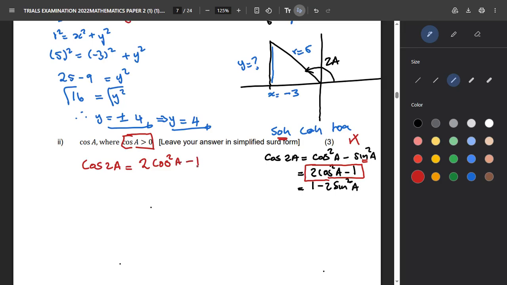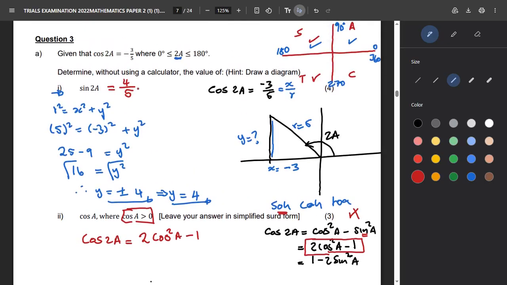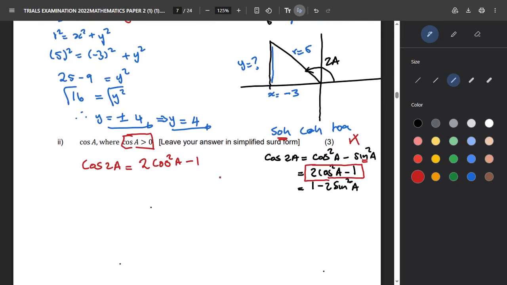So what are we looking for? We are solving for cos A. Where there's cos 2a, I can substitute what the cos 2a was given as, minus 3 over 5. Are you following? So this will be negative 3 over 5, equals 2 cos squared a minus 1.